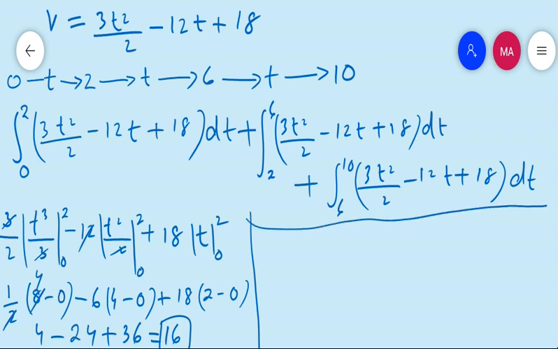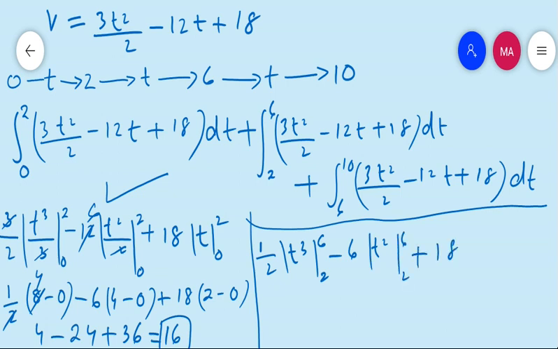Now we have to integrate this whole one from 2 to 6. So I am taking the answer of this one. 3 already cancelled by 3, so 1 upon 2 t cube from 2 to 6 minus 2 6s are 12, already done. So 6 into t square 2 to 6 plus 18 t 2 to 6.